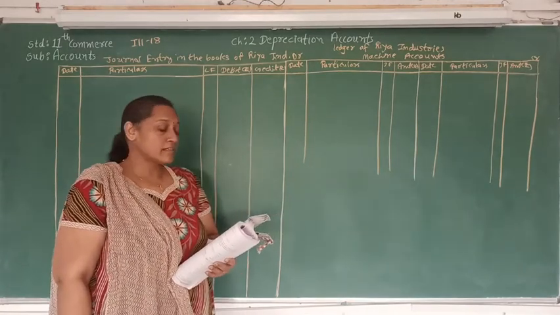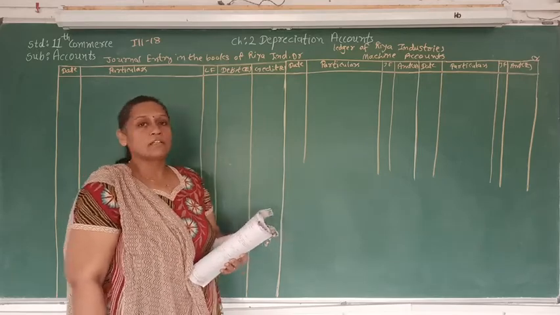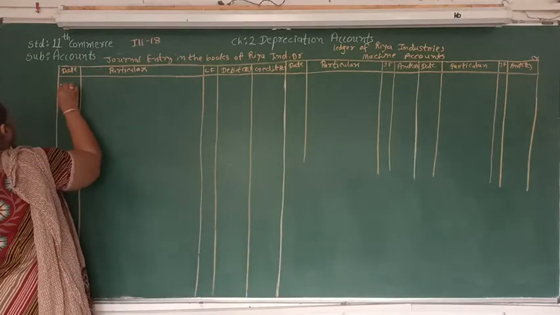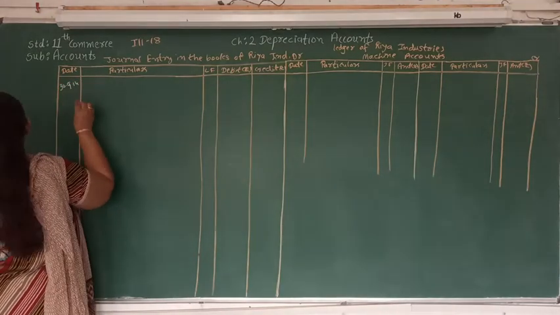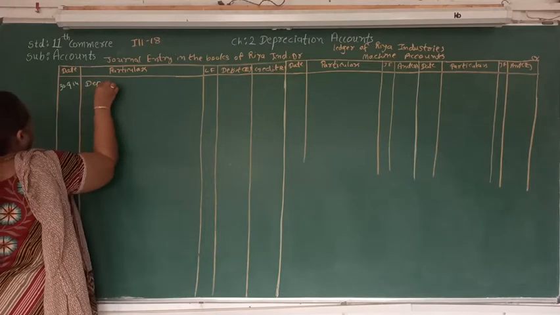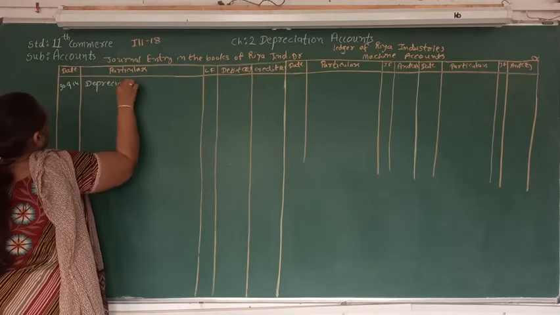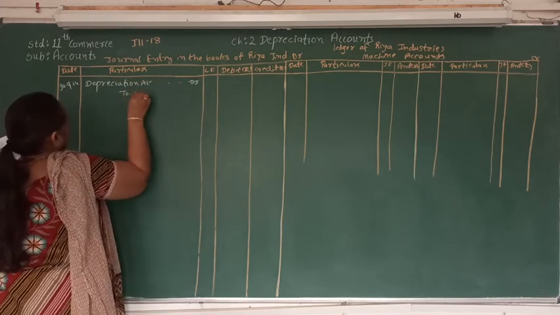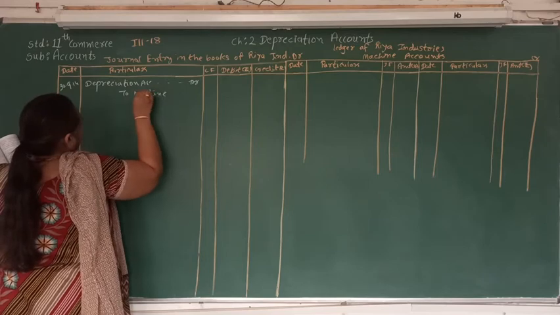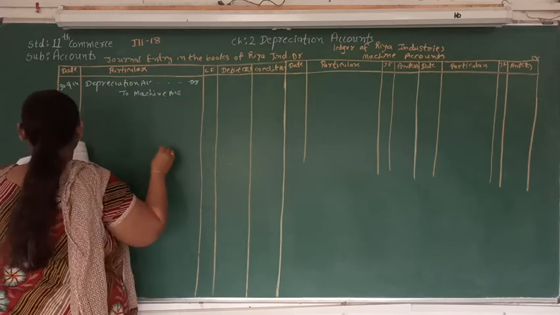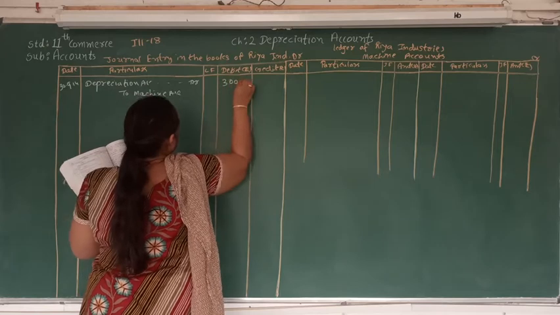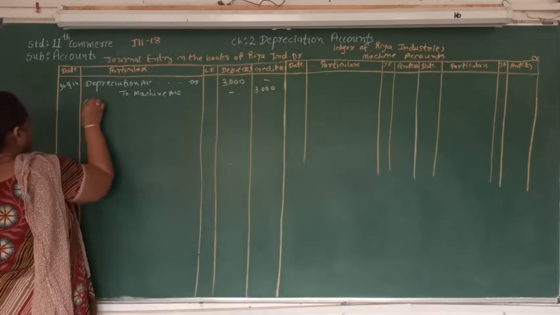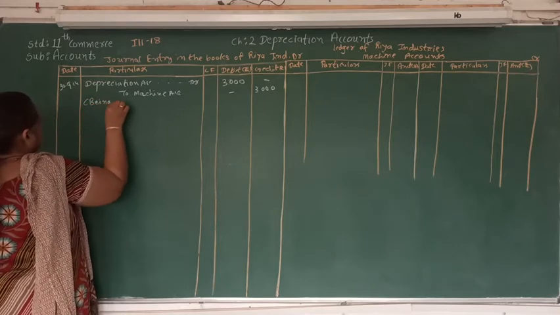On 30/9/14, as on that day the machine is sold, we are going to pass the journal entry: 30/9/14 depreciation account debit to machine account, and that will be 3,000, being depreciation is charged on machine.